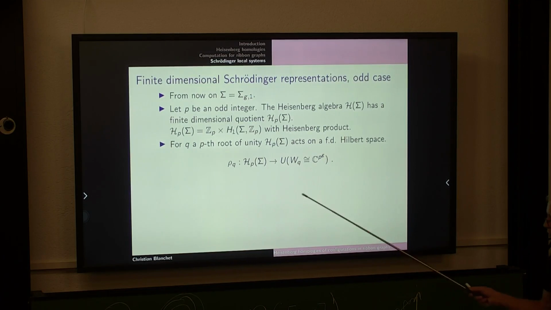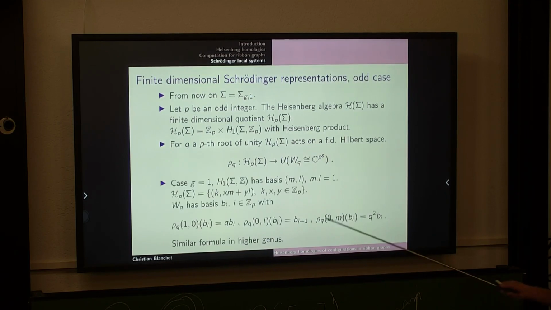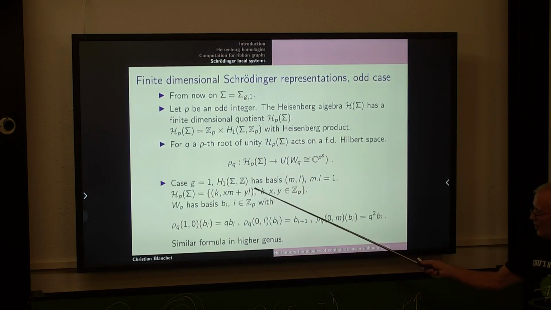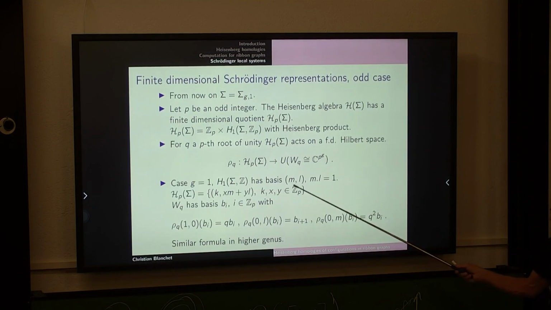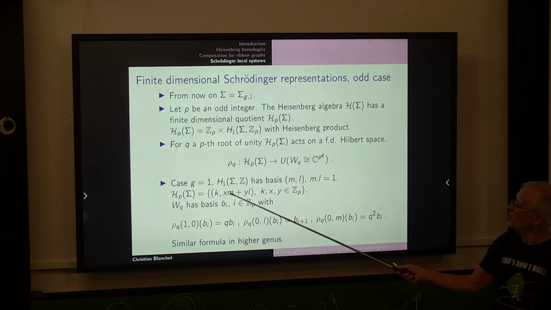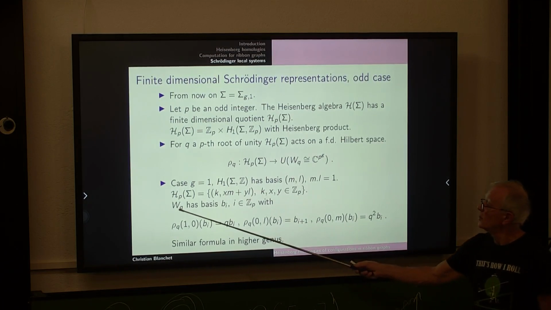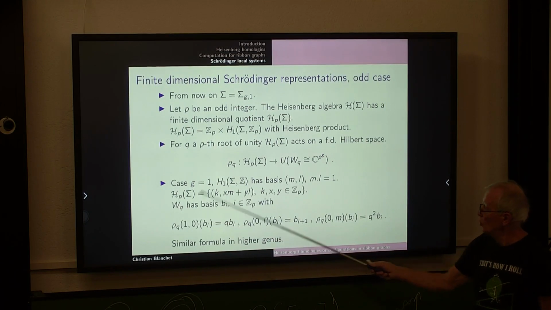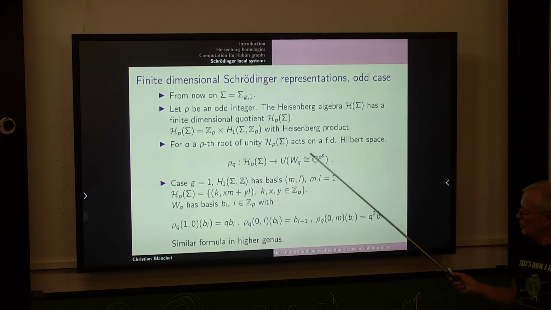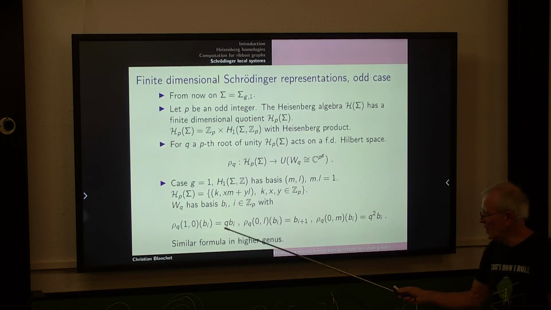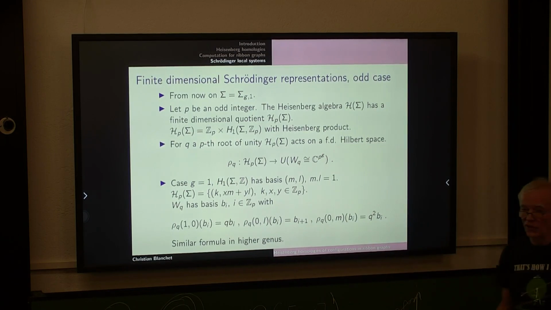But if you do not know about this, in the case G equals 1, you start with a basis for homology. Then the Heisenberg group has 3 parameters in genus 1, and you can fix a basis for this, W_Q, and this will be my Schrödinger representation, and you get an explicit action of the generators of the Heisenberg group.